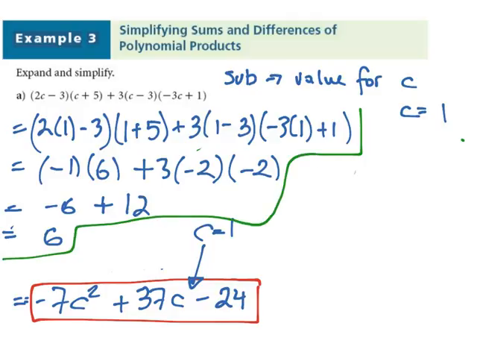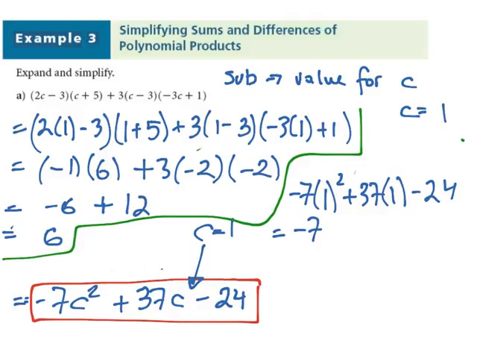Okay, so let's see. Negative 7, and we'll plug in 1, and it's squared, plus 37 times 1 minus 24. Do we get 6? Negative 7 times 1 squared is just negative 7.